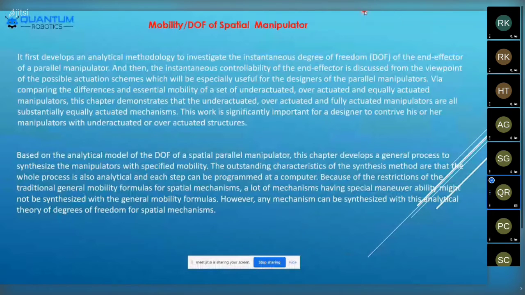The reductive manipulator we have learned previously, and here we are going to learn the spectral manipulator. It first develops an analytical methodology in inverse and integrates degrees of freedom, and the parallel manipulator. And here we are getting the analytics methodology.